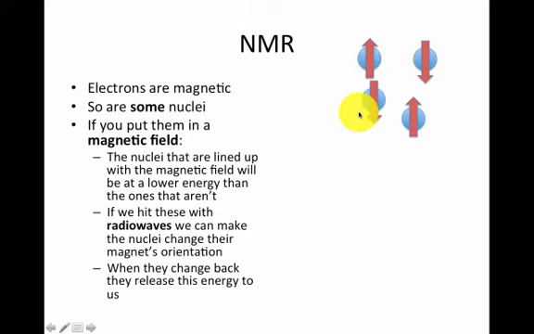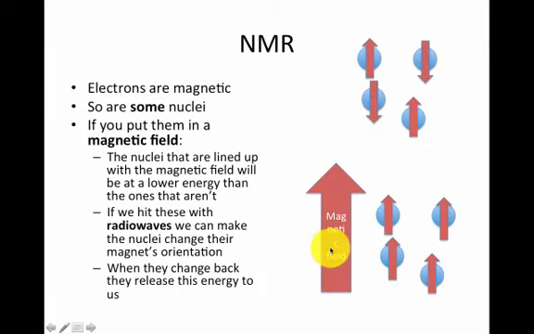Now if we put them in a massive magnetic field, the lower energy state is going to be when the little nucleus is lined up with the magnetic field that we're applying, because otherwise it's having to fight against our magnetic field, which is much larger. Now that means we've got two states, up or down.